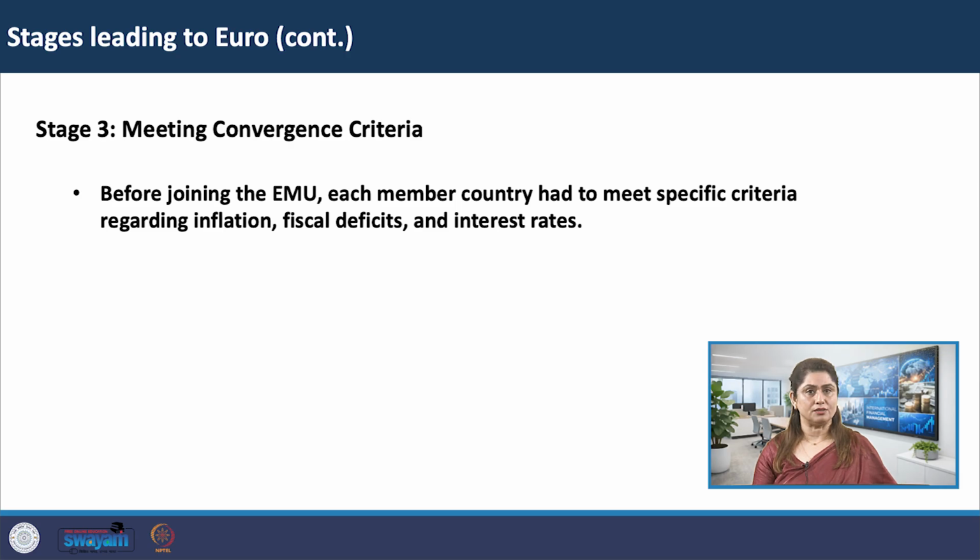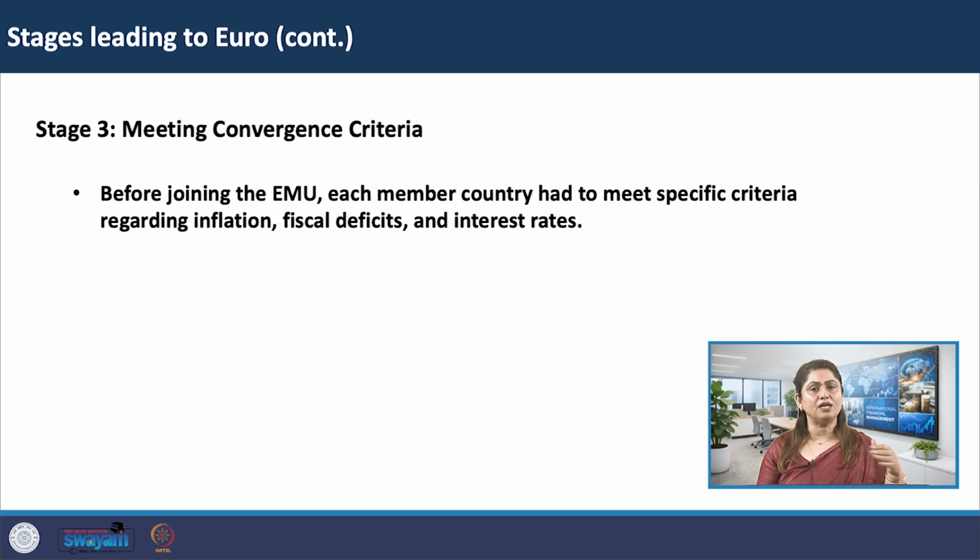This was crucial. You can't have countries with widely different inflation rates or out of control fiscal deficits joining a currency union. The discipline of meeting these criteria actually helped some countries reform their economies.